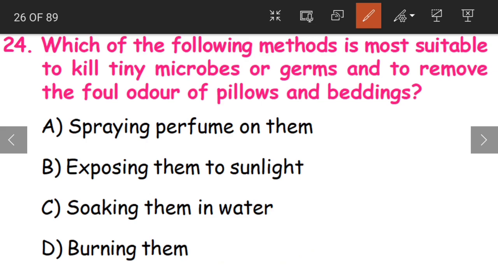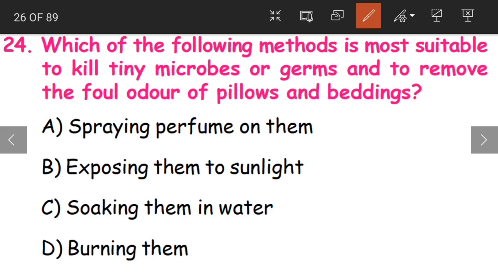We are not going to wash the pillows or beddings. We'll wash the pillow covers, bed covers and bed sheets, but the pillows and beddings we are not going to wash. So after many days of usage, you will get a foul odour, a foul smell.